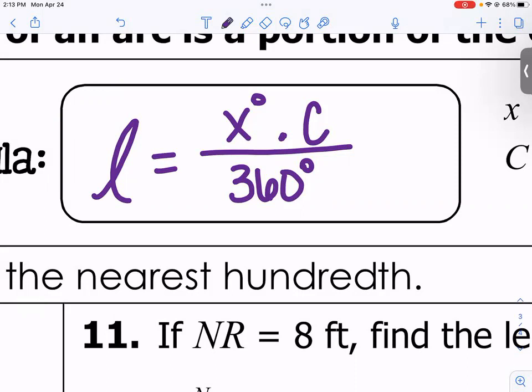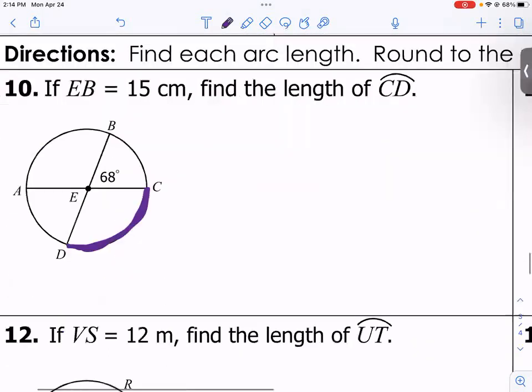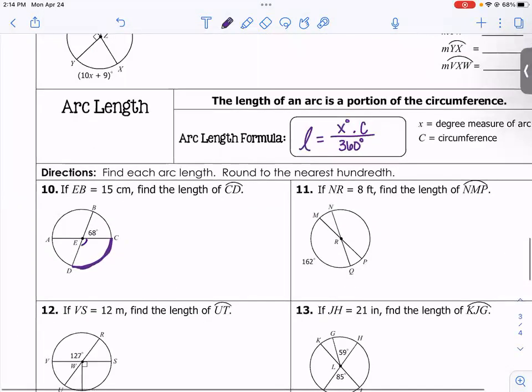We are going to take the circumference and multiply it by a portion of the circle. So 360 is the entire circle. This is the measure of whatever angle we're talking about. If we're looking at number 15, I want to find the length of this CD arc right here. What is the degree measure of this angle? 112.